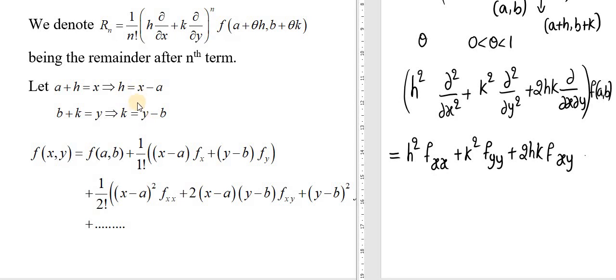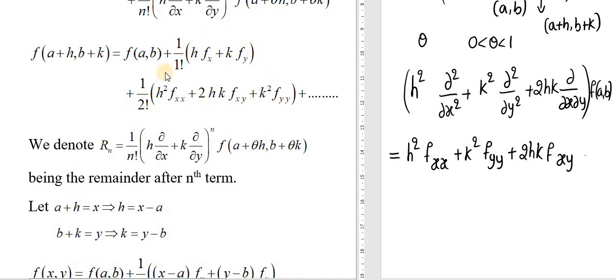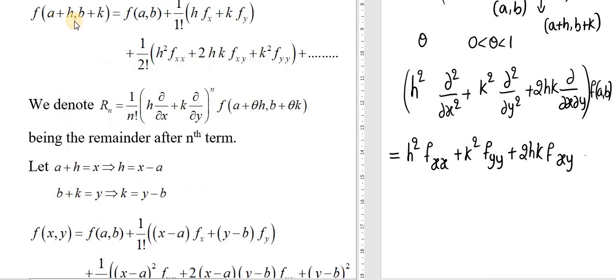Now we are going to substitute these values here. Then we are going to get f of x comma y. Observe, a plus h is replaced with x, b plus k is replaced with y. f of a comma b we are writing as it is, 1 by 1 factorial also as it is.